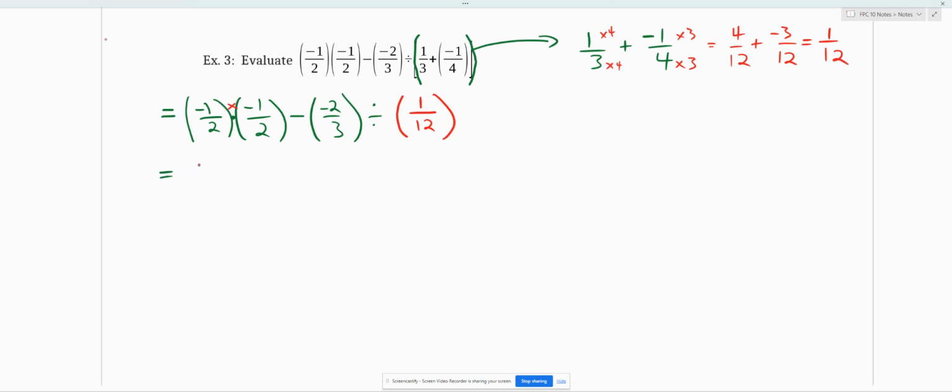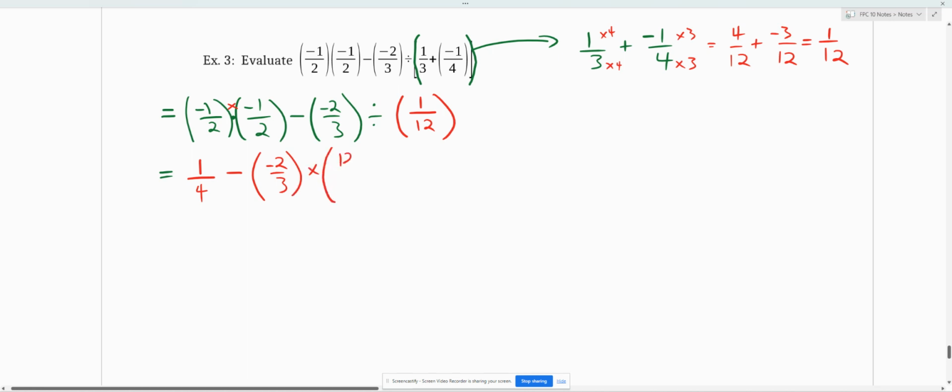Negative 1 times negative 1 is positive 1 and 2 times 2 is positive 4. Okay. And then I'm going to be subtracting. I haven't touched this. I'm going to keep the negative 2 over 3. I'm going to change to multiplication, and I'm going to flip it to 12 over 1.